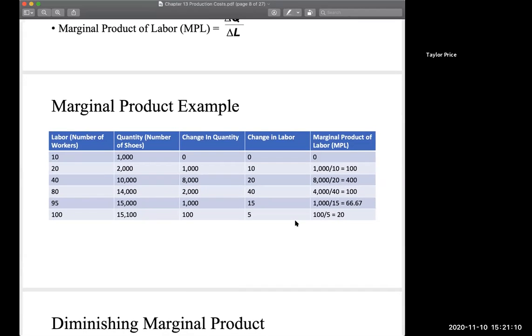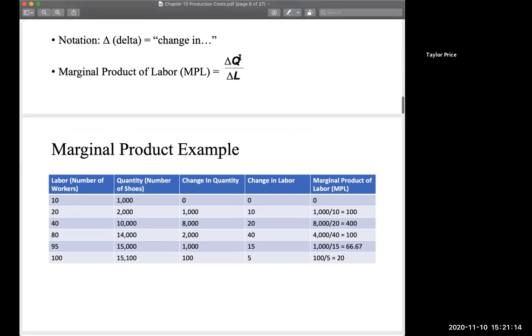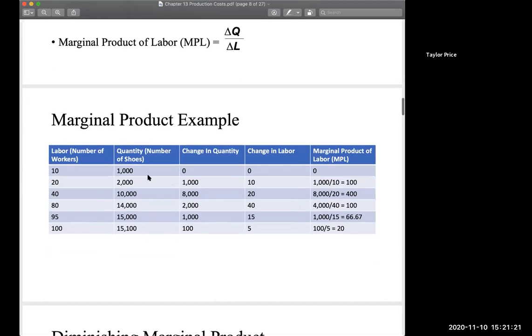Okay, so in this example, it's basically just the change in quantity over the change in labor. So let's say we're going to move from this point to this point.